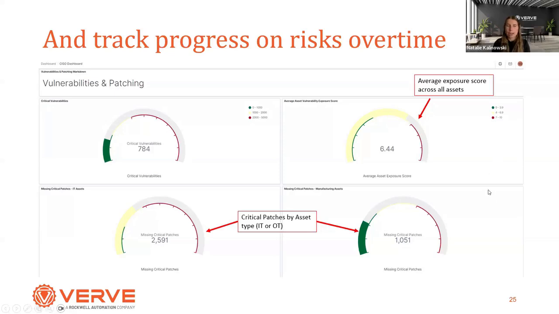You can check the critical patches by asset name or asset type. And then all this tracking information will help your team not only monitor your current state, but also see trends across your entire environment. So these are all the successes we see of adopting the contextualized risk, having that single pane of glass, and then combining all these tools together. So with that, I'll throw it back over to Rick.